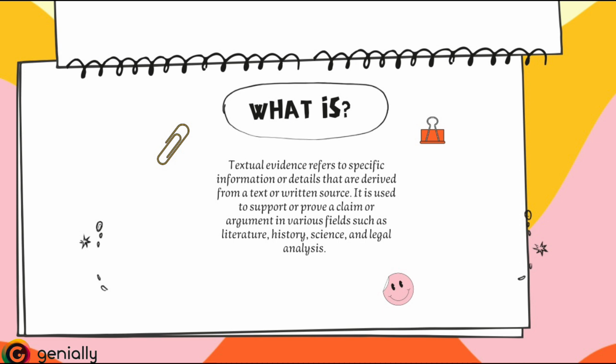Textual evidence can be direct or indirect, and can include paraphrase, summary, or reference to a specific passage or section of a text.